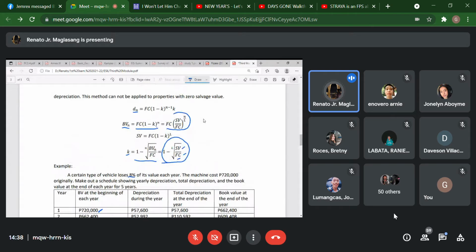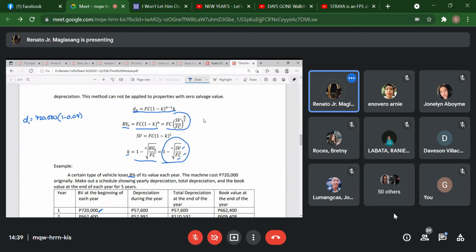Okay, so let's go back here. First you have to get the depreciation using this. So D sub 1 is equal to the first cost, which is 720,000, times (1 minus 0.08, because you have here k, which is 8%) to the n minus 1, so that is 4.